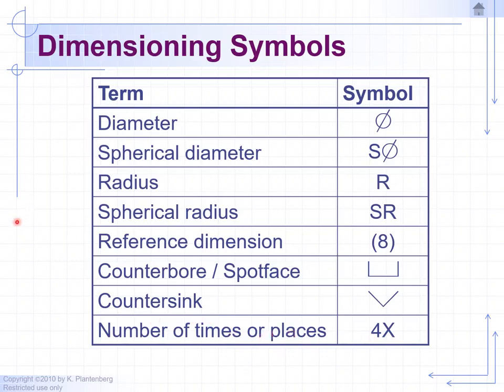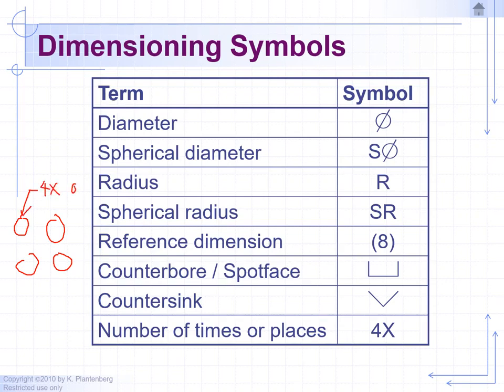So if you have a pattern of 4 holes, let me go ahead and draw 4 holes with the same diameter. Instead of having to dimension each one individually, you can just say, hey, we have 4 holes here. So we're going to use 4x.